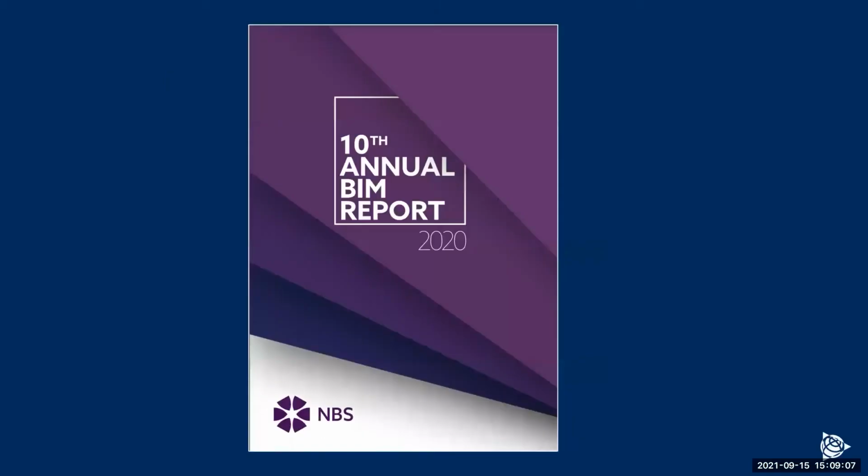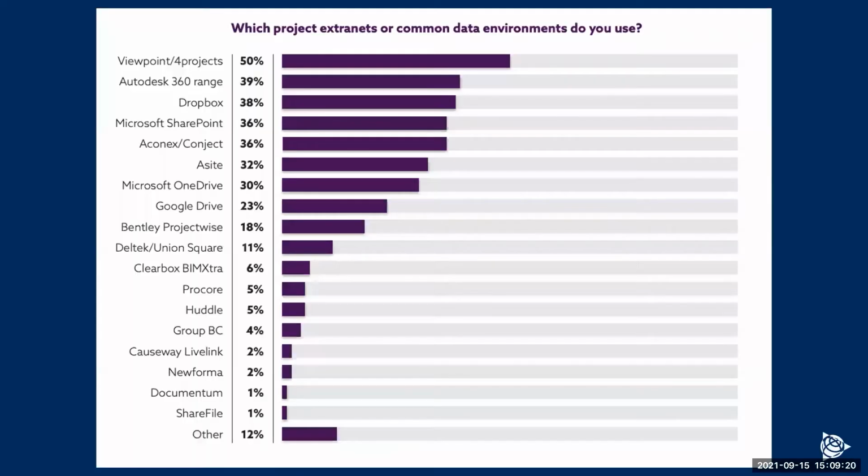Next slide, please. So why would a company like Mail Manager want to collaborate with us? Well, in the NBS 10th report from 2020, you can see that for the UK market, Viewpoint for Projects is the premier tool.